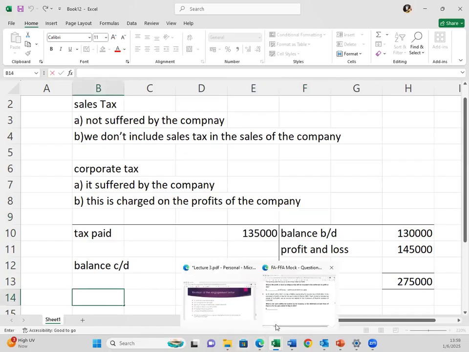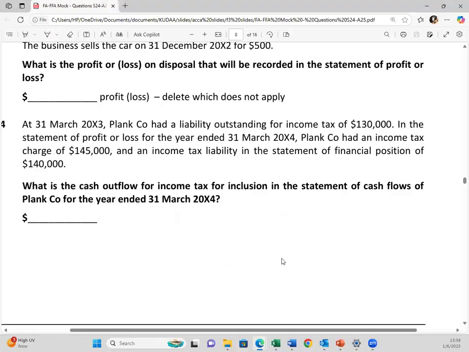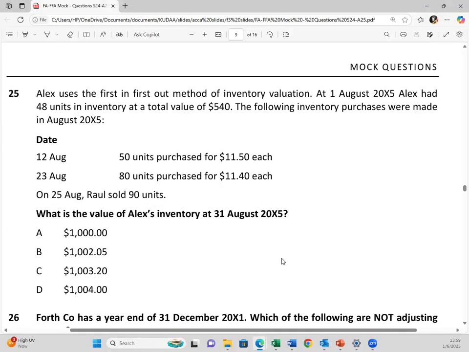The next question is saying, Alex uses the FIFO, first in, first out method of inventory valuation. At 1 August 20x5, Alex had 48 units in inventory at a total value of 540.